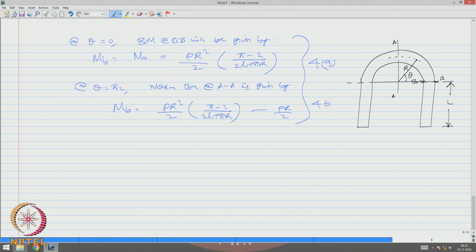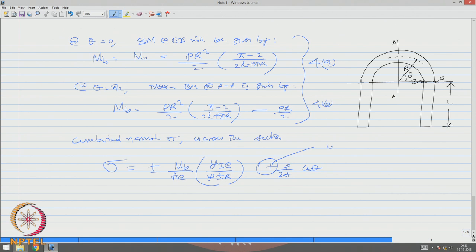4a and 4b. If we really wanted to find the combined normal stresses across this section, then we should use the equation Mb by A e y plus or minus e by y plus or minus r plus P by 2A cos theta.